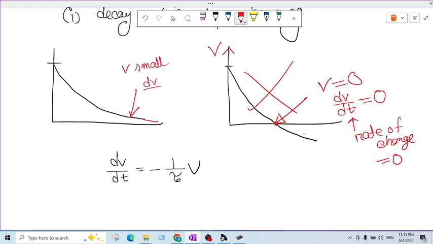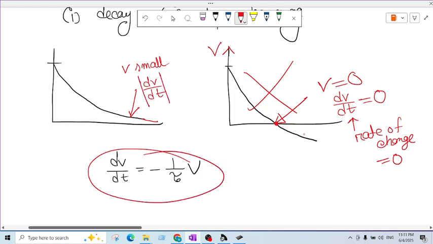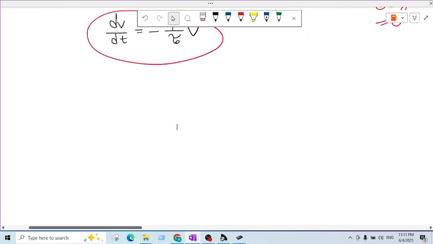So from this equation the magnitude of dv by dt must be small. Analyze here, and you will understand that the slope here is very small. Why? Because if you draw a tangent line here, you will see that the slope of this tangent is very small. So observing this equation, I understand three things.